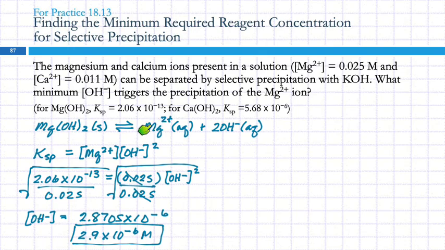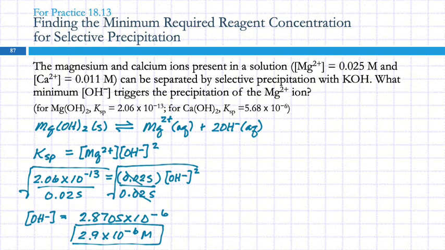Well, we know the concentration of magnesium is 0.025 molar. If we add one ion of hydroxide, is that going to precipitate? No, it's not. If we add 5 gazillion of this, is it going to precipitate? Yeah, sure. All the magnesium is going to precipitate then, but also probably all the calcium.